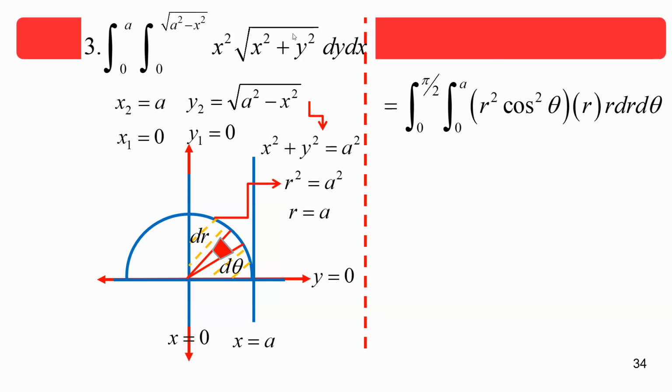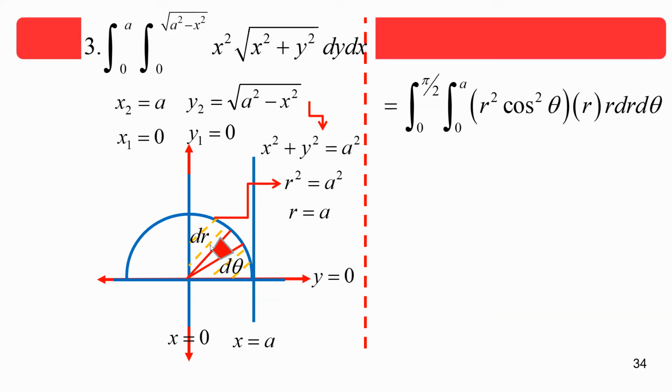The whole thing in here, x squared plus y squared becomes r squared. But then applying the square root, that's just r. And then as I said, whatever the order is, even if it's dx dy or dy dx, when it's changed into its polar coordinates, it's going to be r dr d theta. It's always in this order.